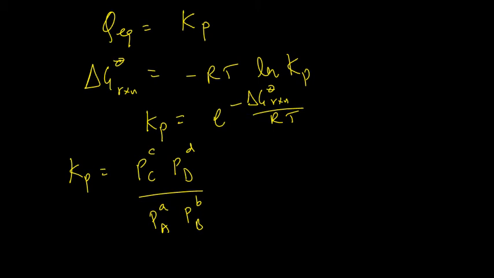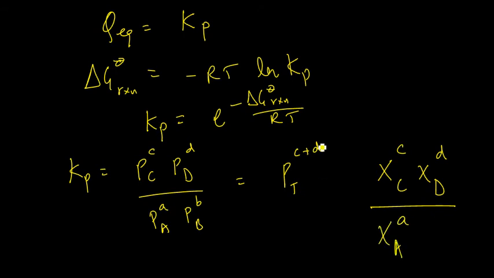So that means P total to the power c times Xc to the power c, times P total to the power d times Xd to the power d. I can add those exponents, and P total to the power a times Xa to the power a, and b, I can subtract.